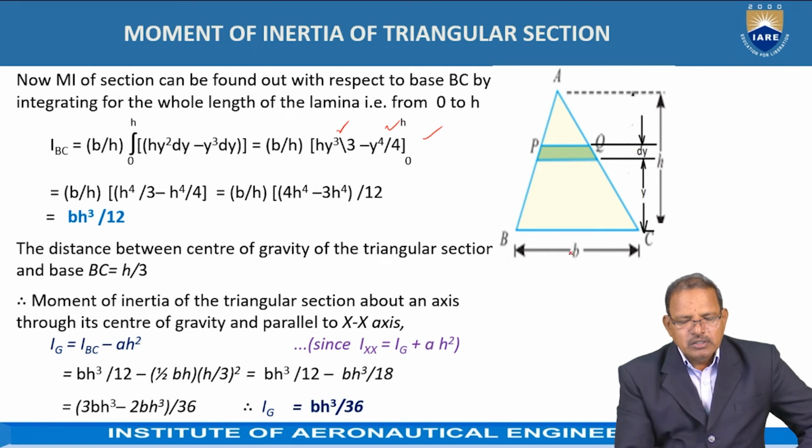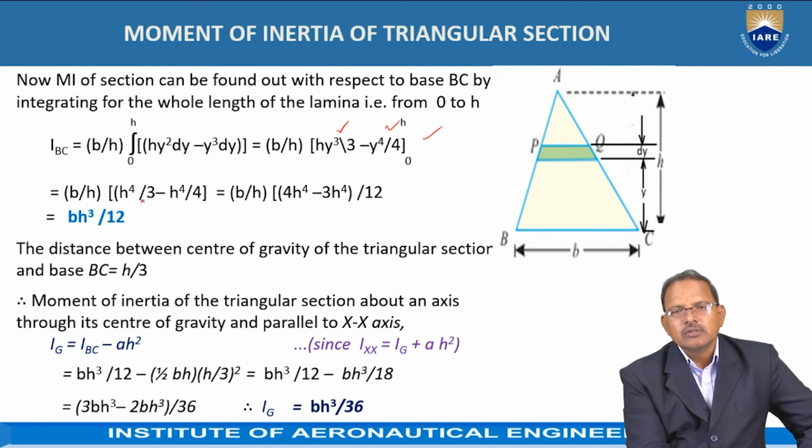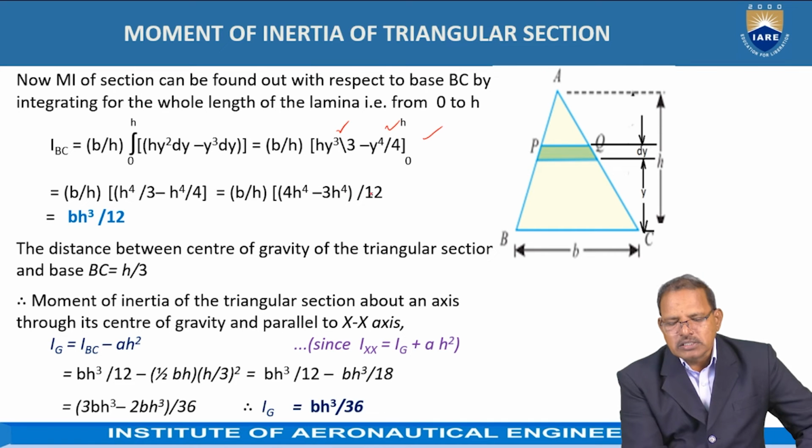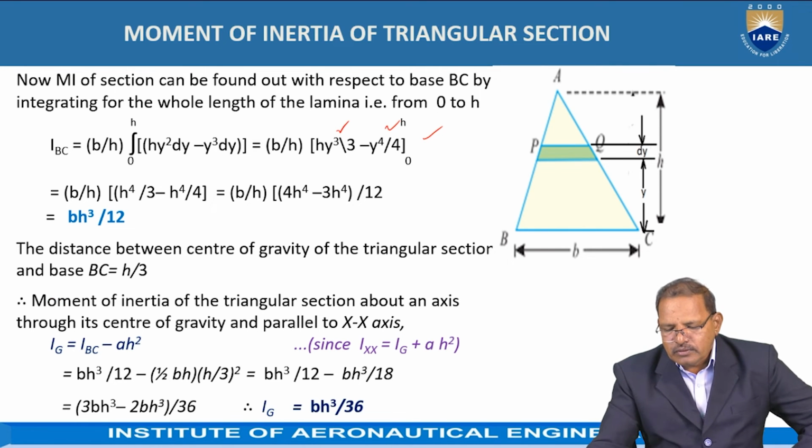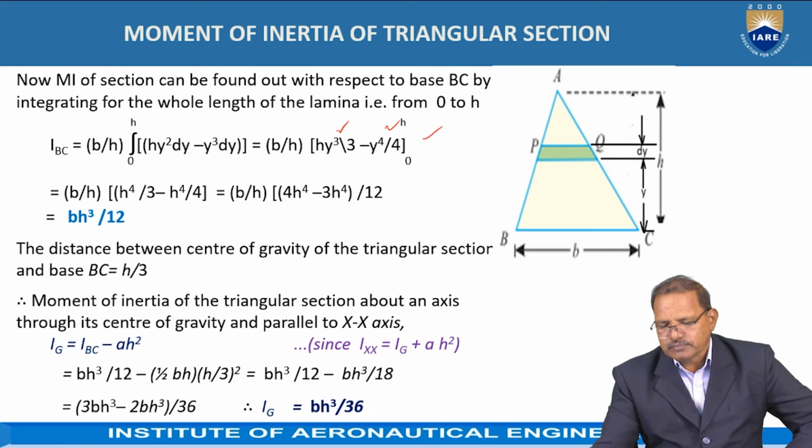So b by h times h to the power of 4 by 3 minus h to the power of 4 by 4, where 12 is the LCM. The remaining value becomes 4h to the power of 4 minus 3h to the power of 4, which equals b h cube by 12. This represents the moment of inertia of the triangle about the line BC, that is about its base.